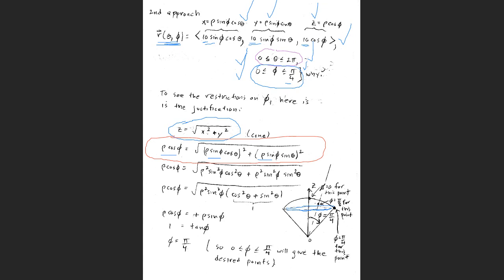So what would phi be for those points on this intersection? If you do the math, it turns out that phi will equal pi over 4. So phi between 0 and pi over 4 will give the desired points.